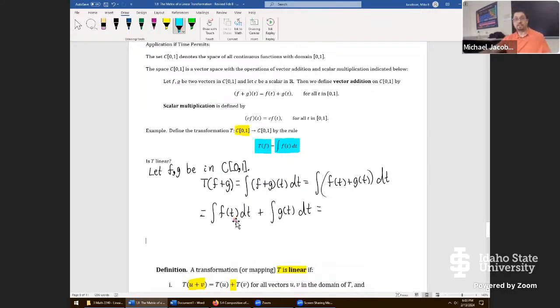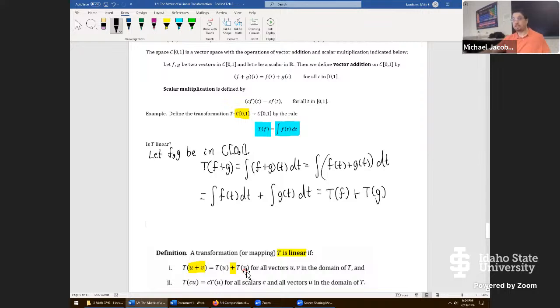This one is just an interesting way to say T of f, because that's what the transformation does. It integrates the function. So from right here, that thing is just one way to say transformation of f, find its indefinite integral. This one does the same thing. It's the transformation of g, find its indefinite integral. And that means we got to this stage. We were able to take that sum and break it up into a different sum. That's half linearity, so we're just about there.